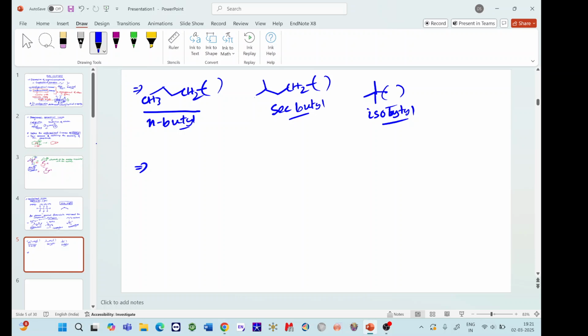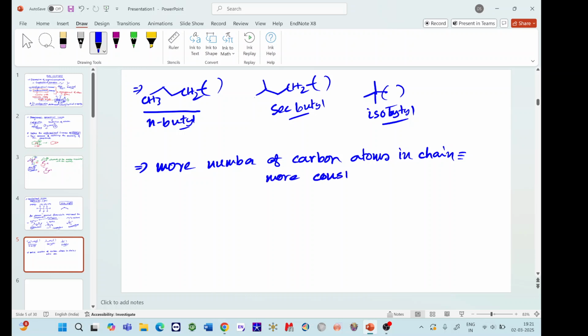One thing to remember is that the more number of carbon atoms in the chain, the more constitutional isomers. Why? Because you will have much more probability of branching the chains.